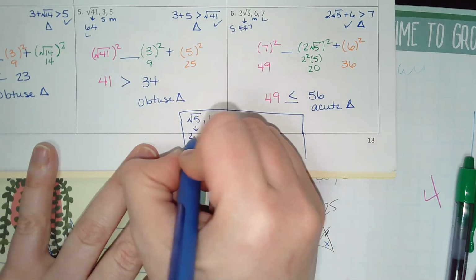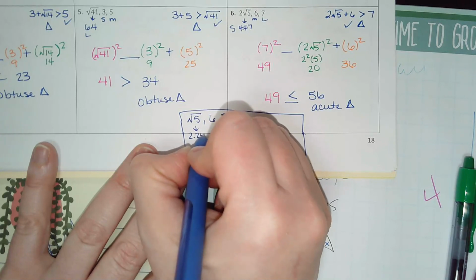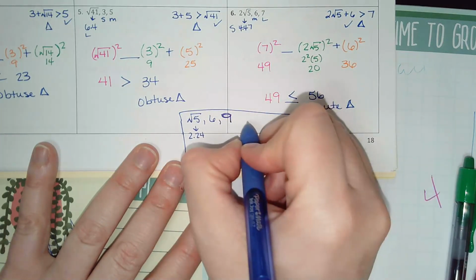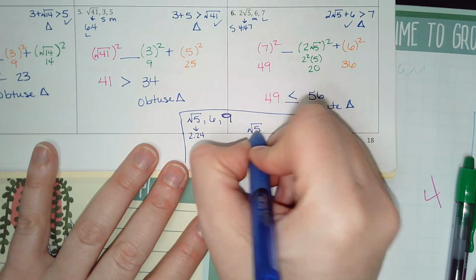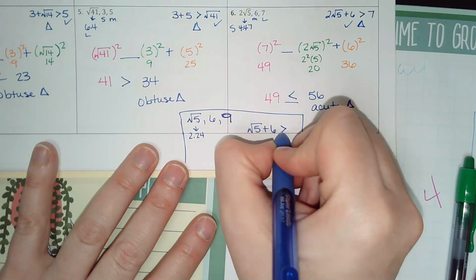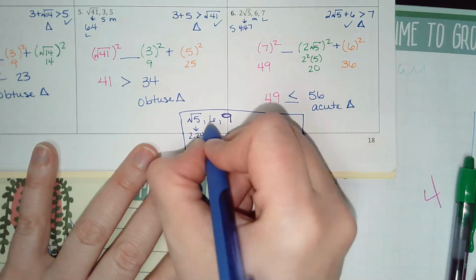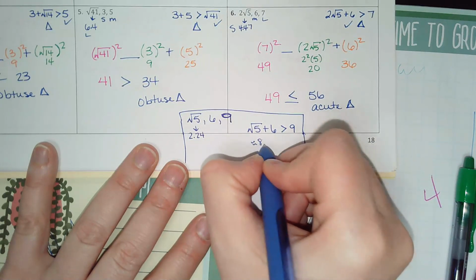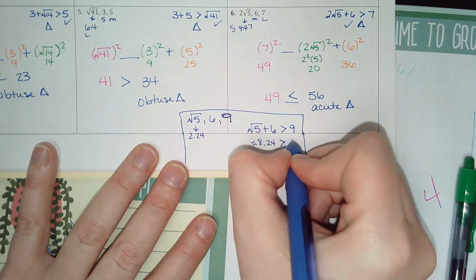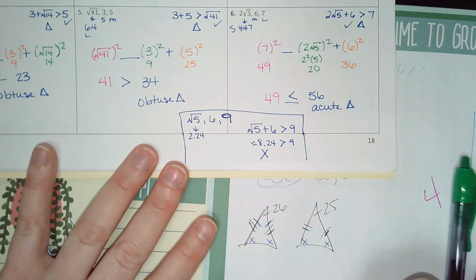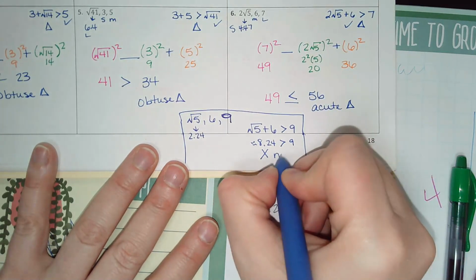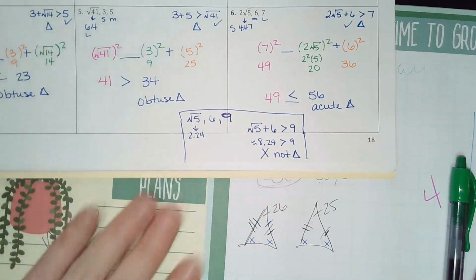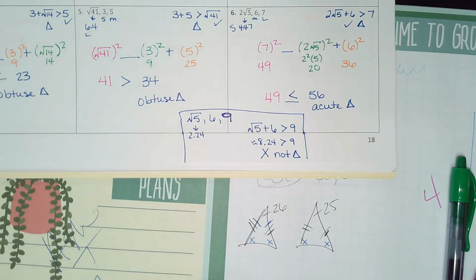This is 2.23, really. This is 6. So square root of 5 plus 6, is that bigger than 9? No, because this comes out to be approximately 8.24. Is that bigger than 9? No. So when it's not true, you just say not a triangle, and then you can't classify it except you say not a triangle. Okay?